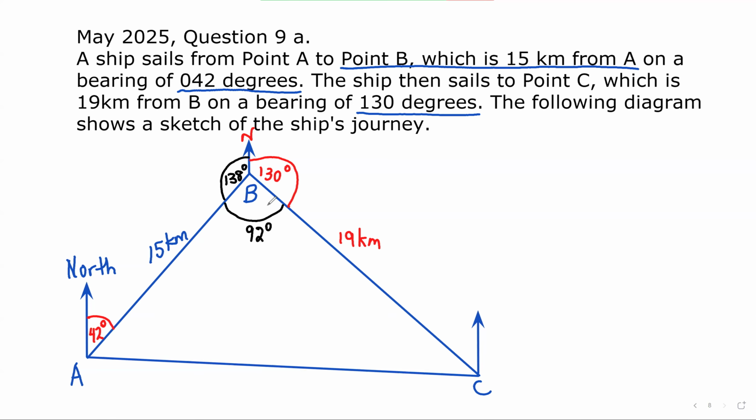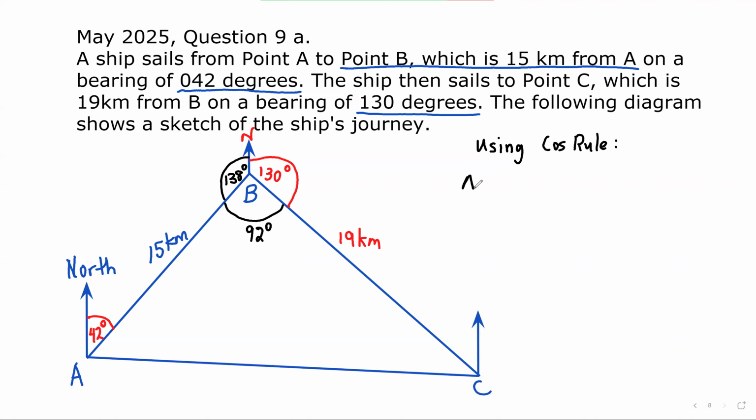And now I can find the distance AC by using the cosine rule. So we will recall the cosine rule. This is given to you in your list of formulae, by the way.